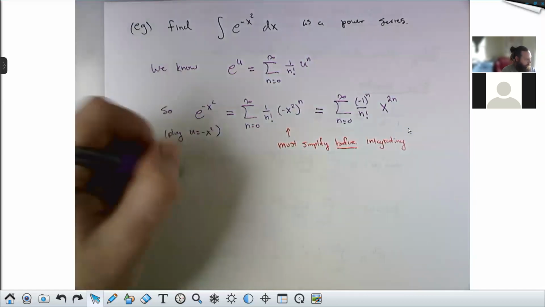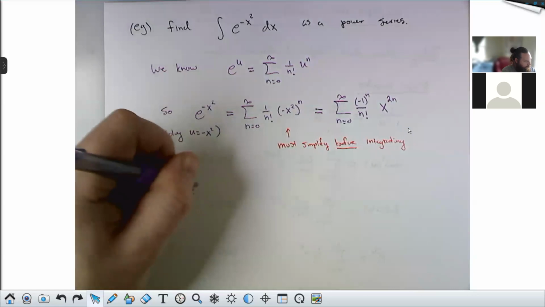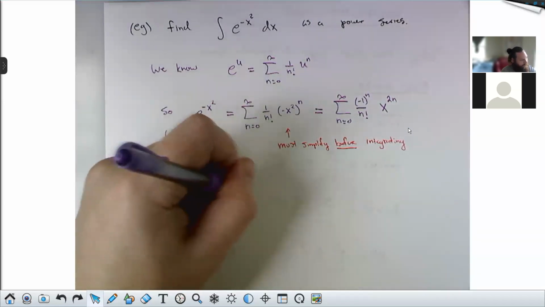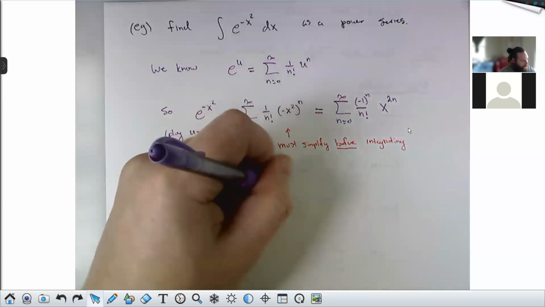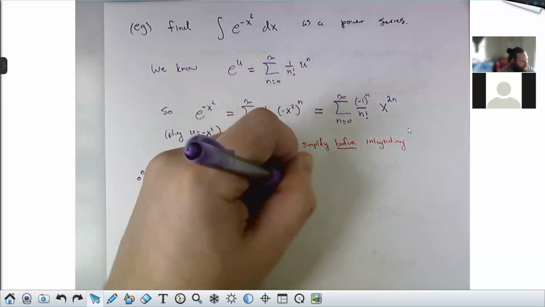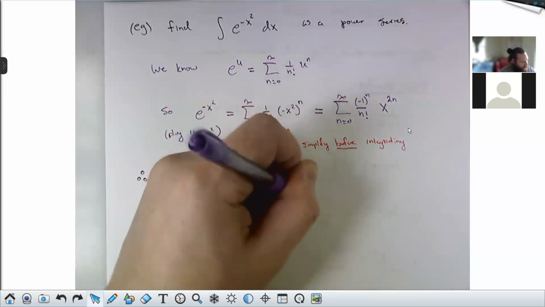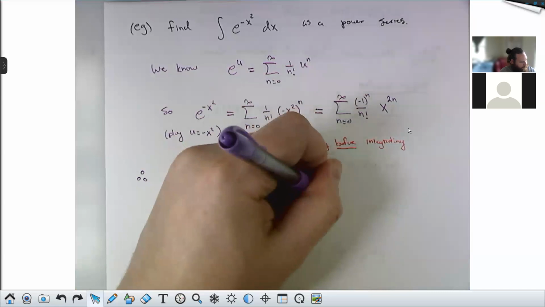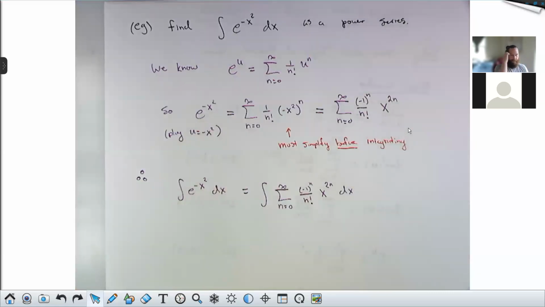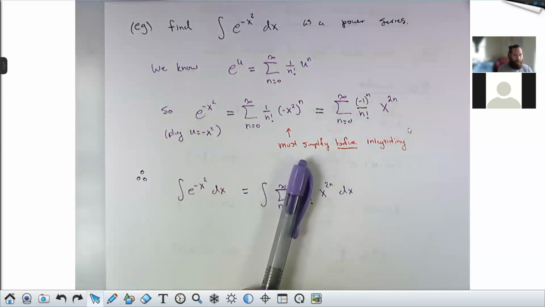So we can say, therefore, the integral of e to the negative x squared dx is going to be the integral of this power series, like so. And recall that to integrate a power series, you basically cover all this stuff up.